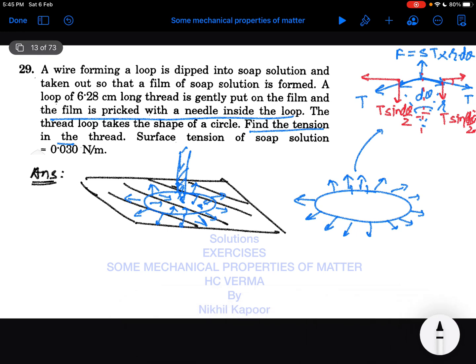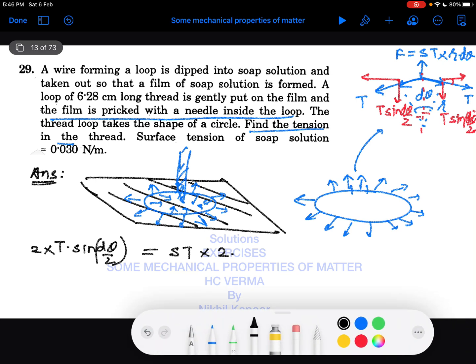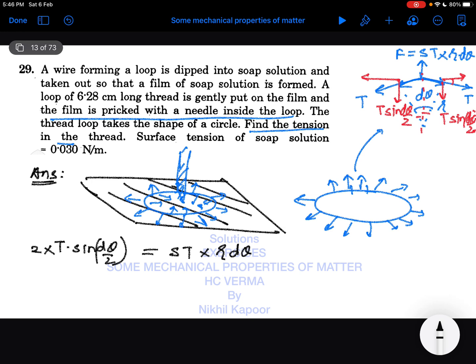After seeing the equilibrium of that particular loop, we can conclude that t into sine d theta by 2, these are the two forces which are acting downward. They are balancing the force of surface tension into the arc length, that is r into d theta.